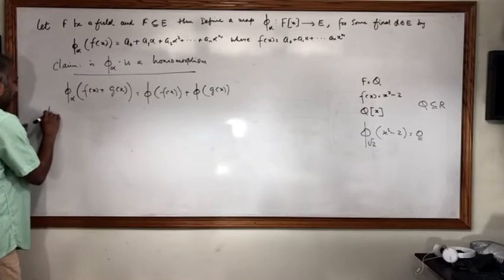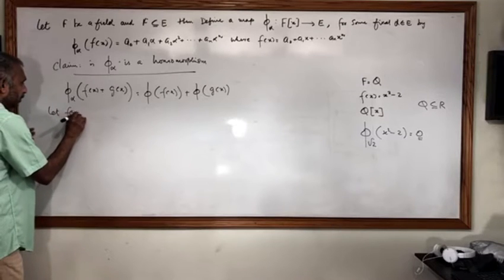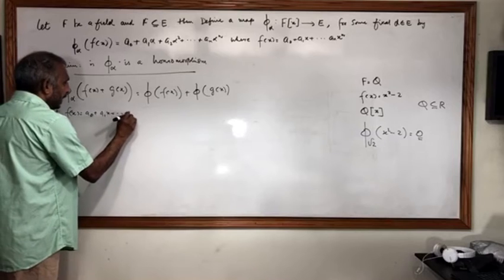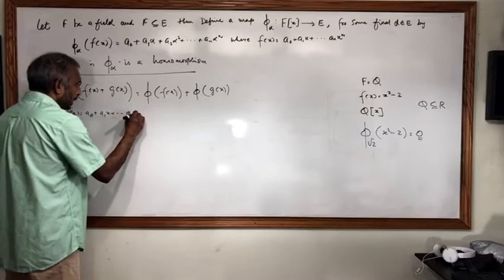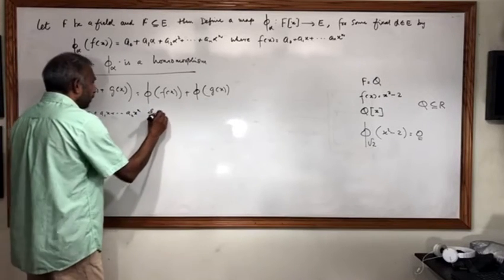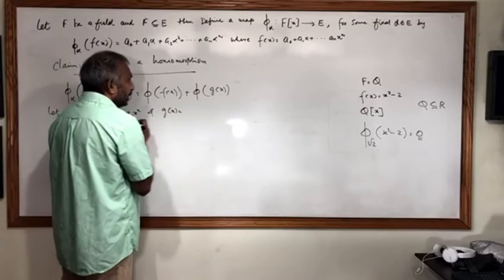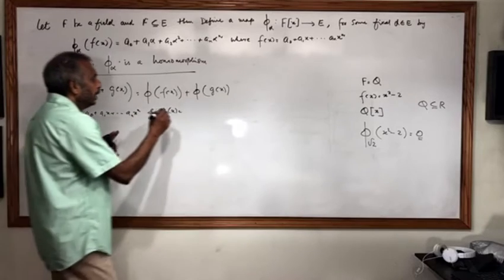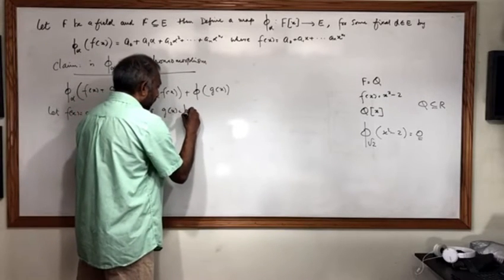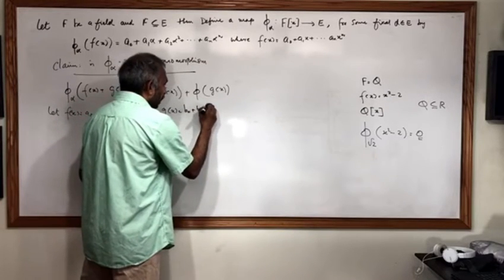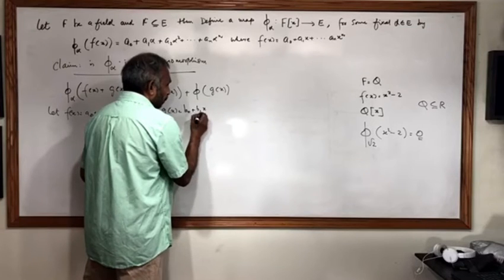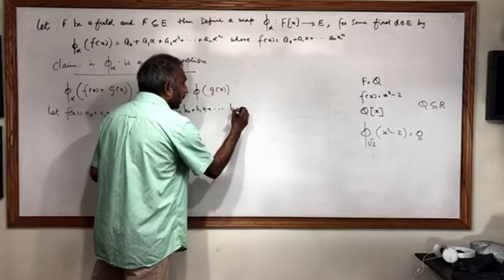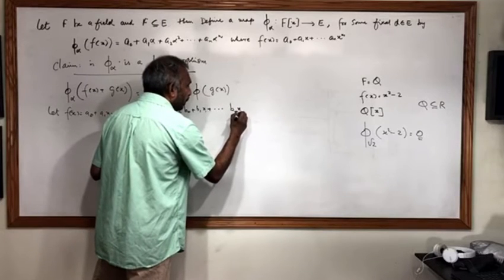So what we will do is let f of x be equal to a0 plus a1x plus dash dash an x to the n, and g of x equal to b0 plus b1x plus dash dash bm x to the m.